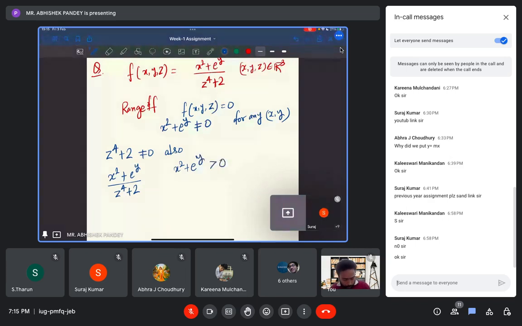And z to the power 4 plus 2 will also be greater than 0, isn't it? Is it clear? Yes, sir.